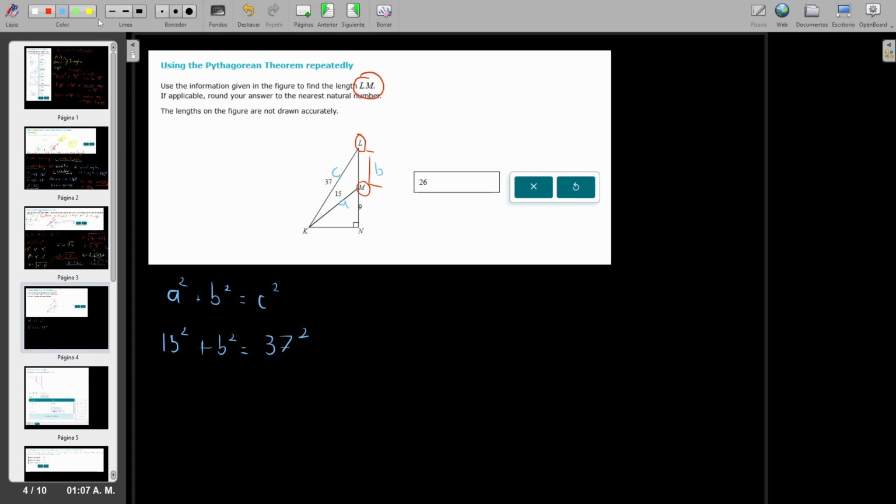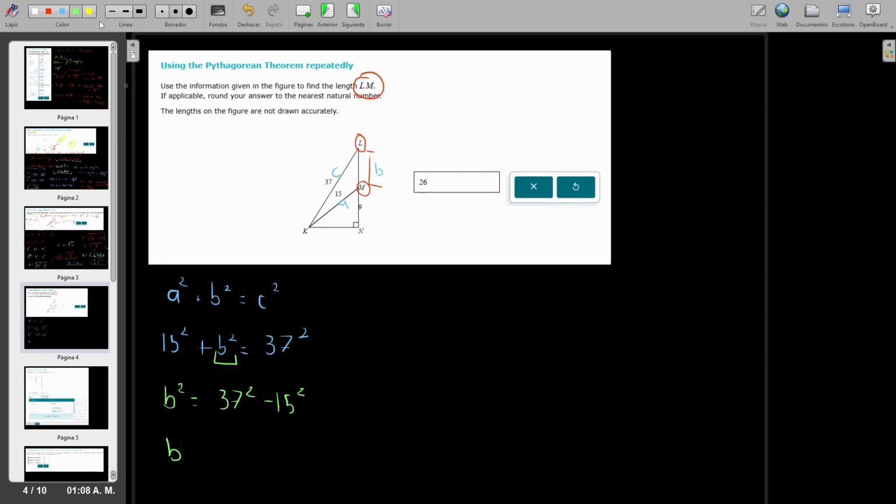Now, we're going to be solving this. We need to isolate B, so B squared is going to be 37 squared minus 15 squared. So B, no, not the square. We're going to be getting rid of the square.